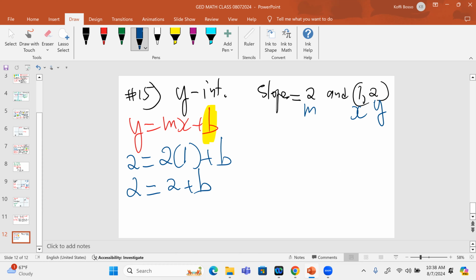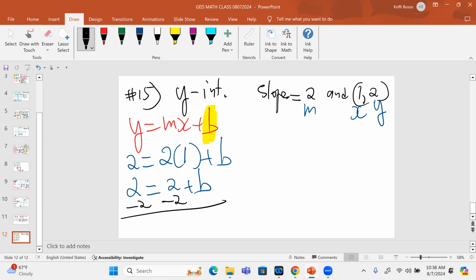We subtract, thank you. We divide when the b is attached to 2. If it's like this, 2 equals 2b, in that case we divide. But because there's a plus sign between, we subtract. So we subtract 2.